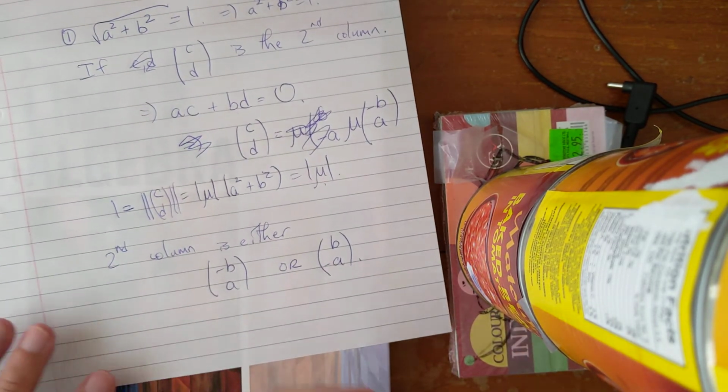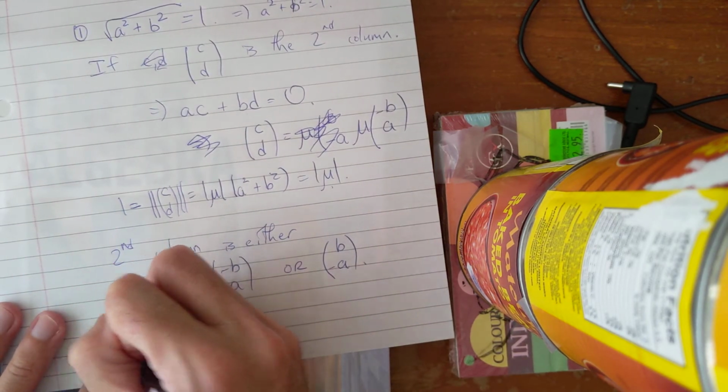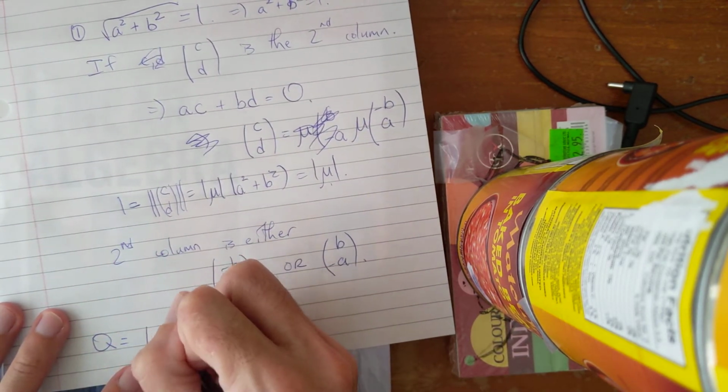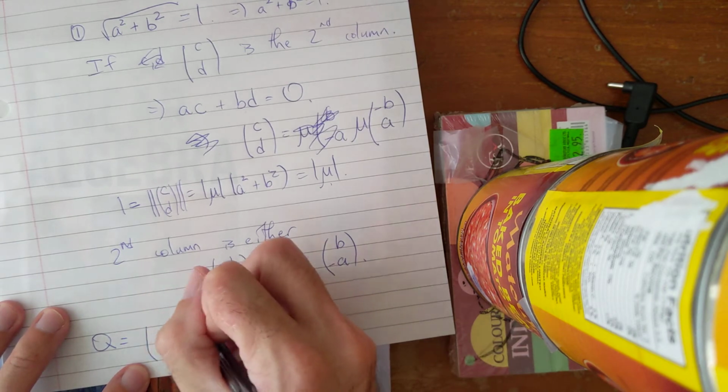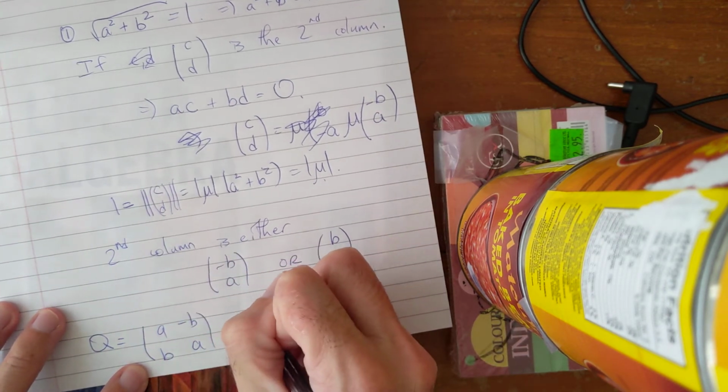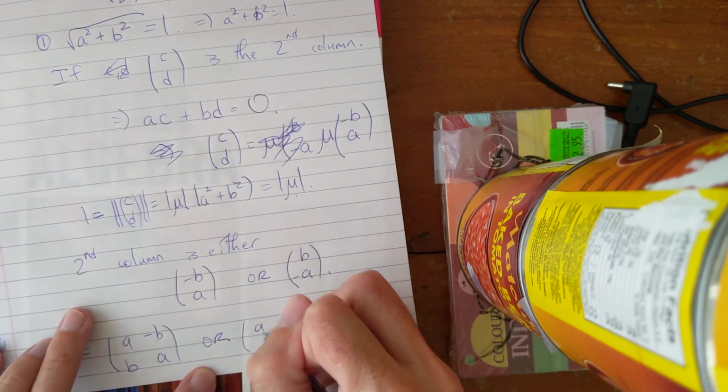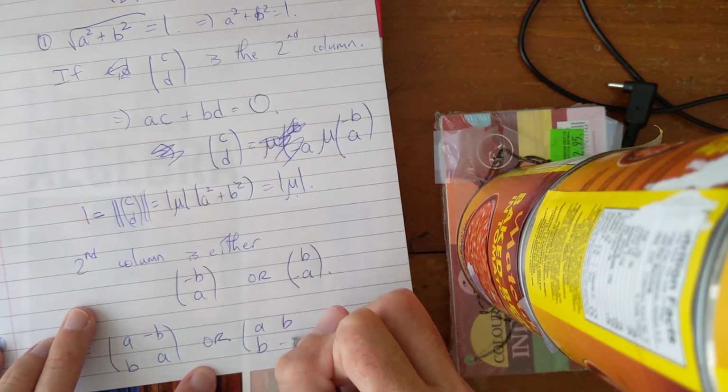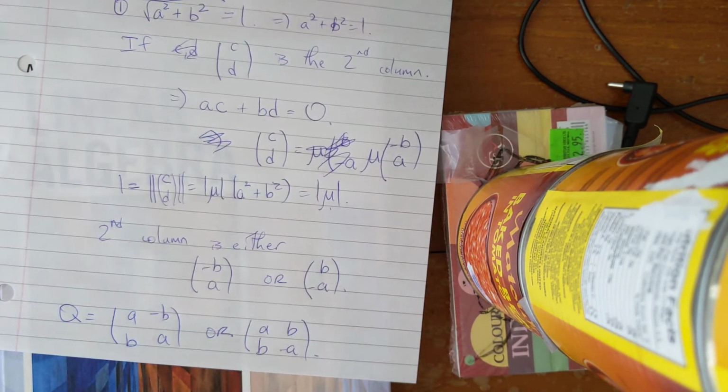Okay, so far, what can we say about Q? Q looks like either (a, b) with (negative b, a), or (a, b) with (b, negative a). Okay.